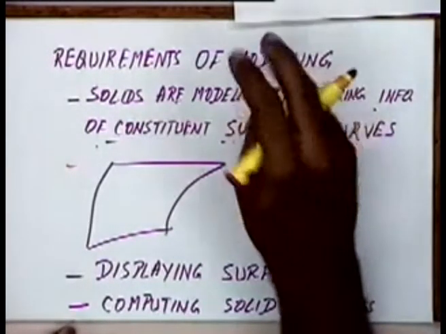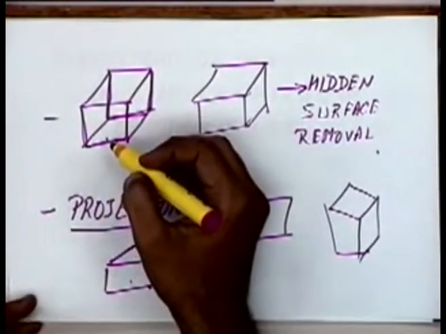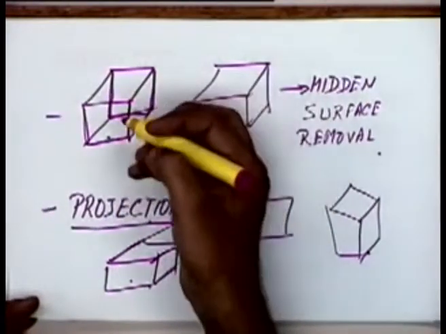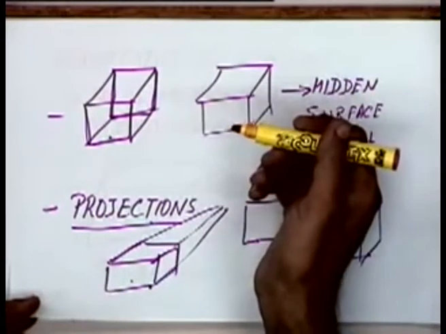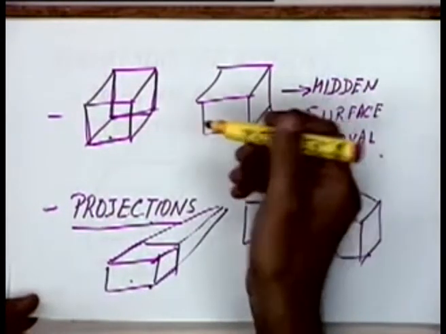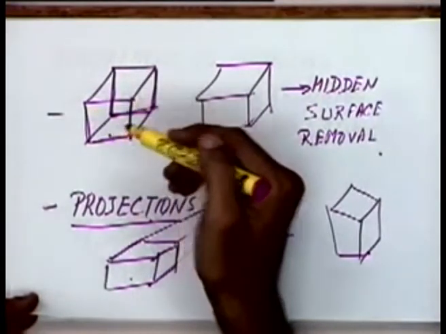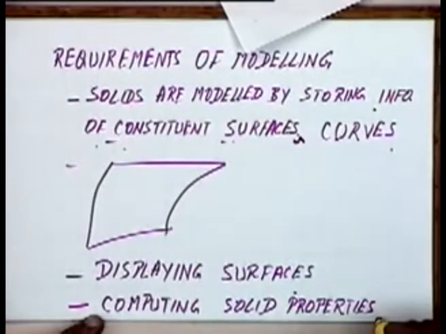For this object, if I want to find out the weight of this object, okay, or if I want to find out the volume of this object, the moment of inertia of this object, I should be able to do that. I cannot do that unless I know what are the bounding surfaces. If I know the bounding surfaces, I can find out the weight, I can find out the moment of inertia and so on. Okay, so this information is going to be important in computing the solid properties.